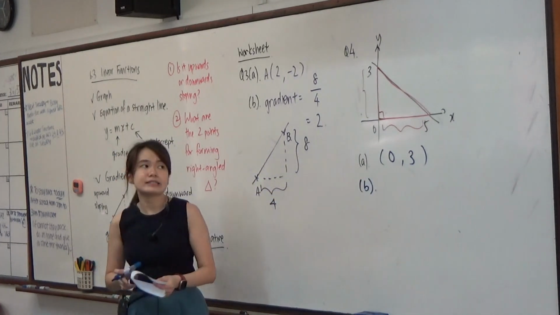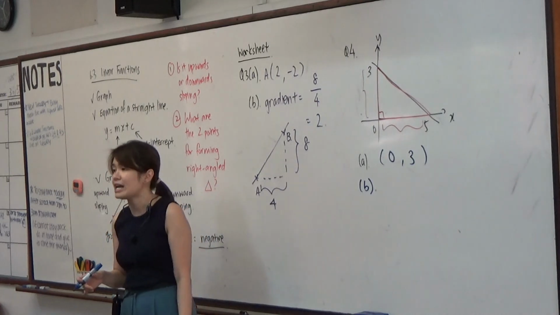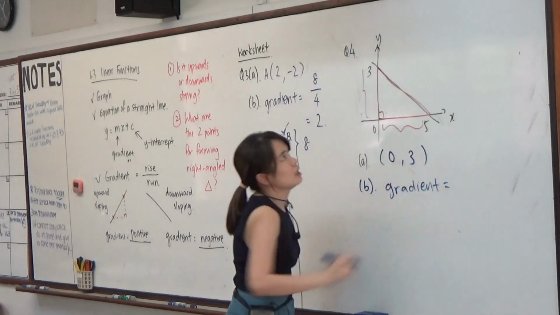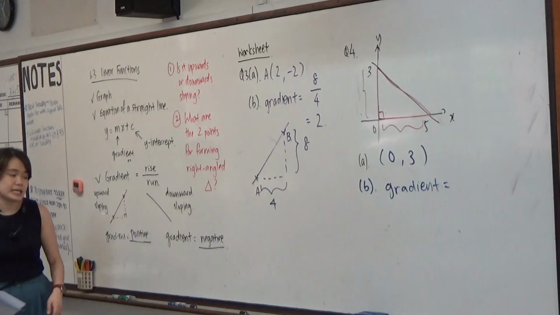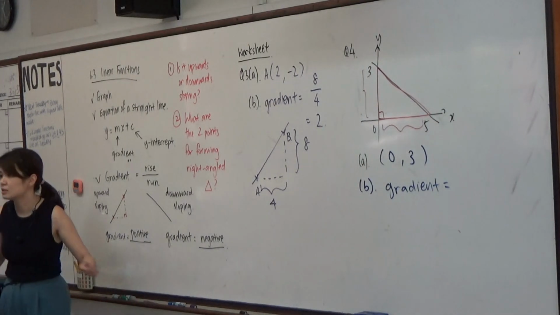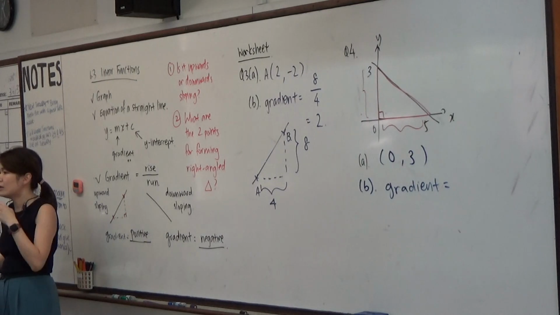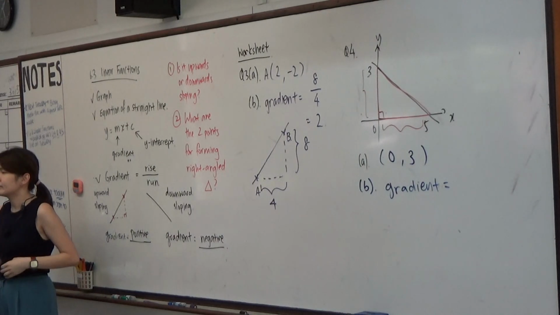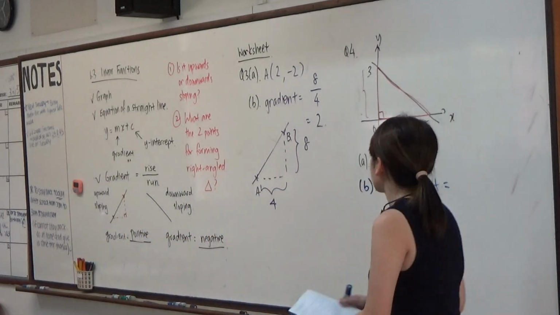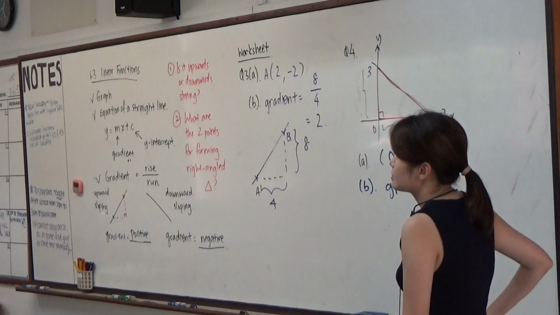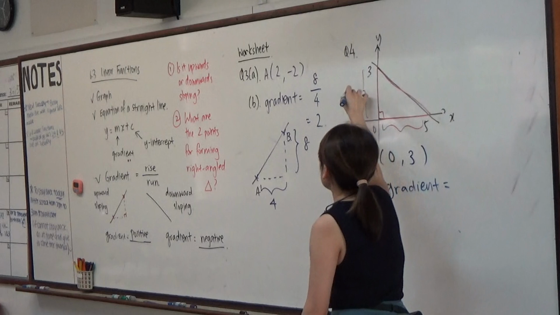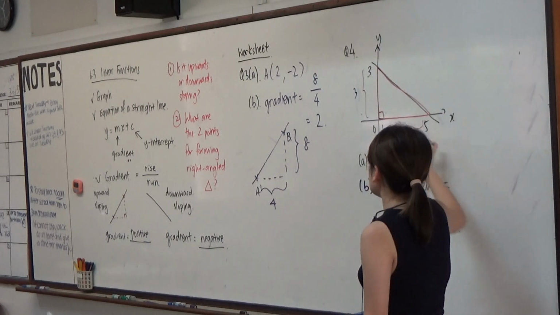And then for part B itself, the question asks for the gradient. So the gradient in this case, what do you think it would be actually? Let me choose another one. Yanhoi, can you tell me what is the gradient in this case? What is the rise value? The rise is 3. And the run? Is 5. And the answer?